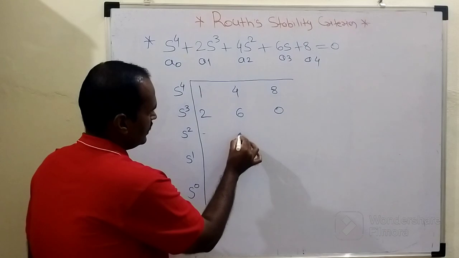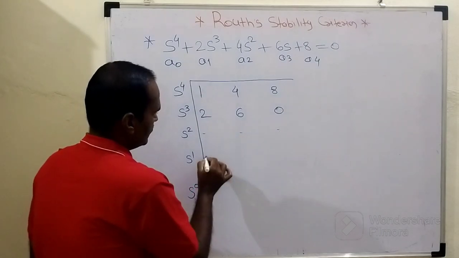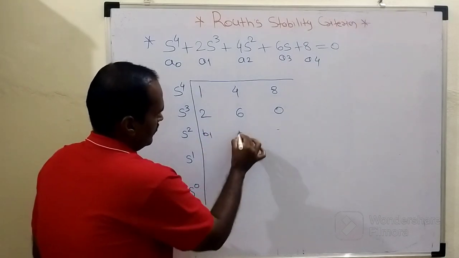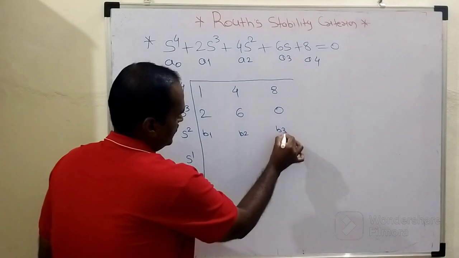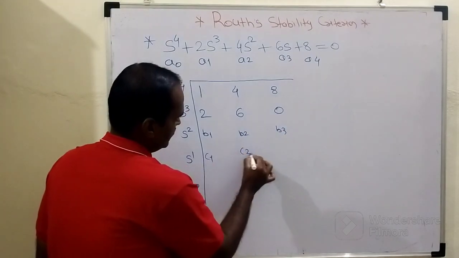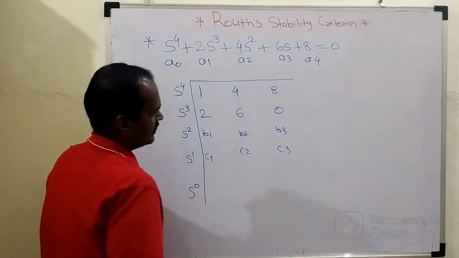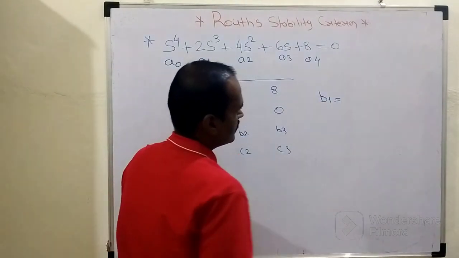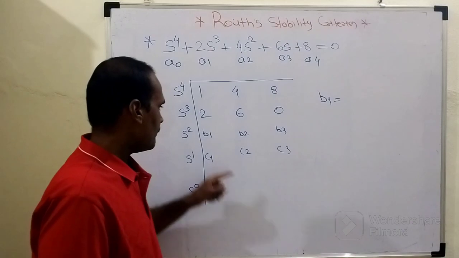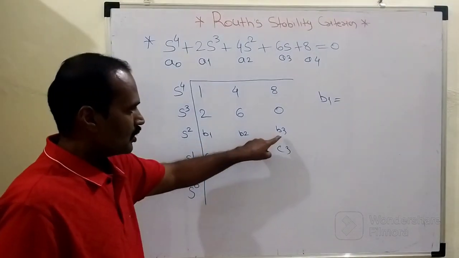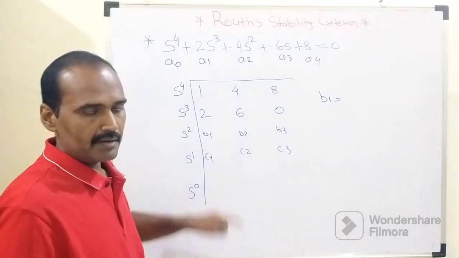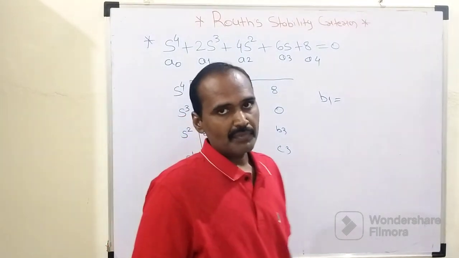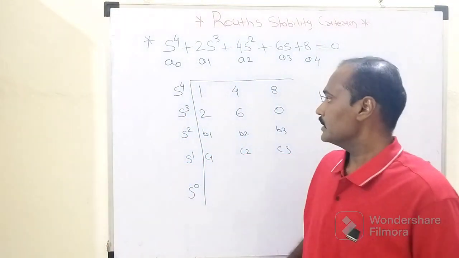So this will be B1, B2, B3, and this will be C1, C2, C3. How to get this B1 fellow? According to this Routh stability criteria, in order to determine these three elements belonging to row number 3, the first two rows are taken into account.